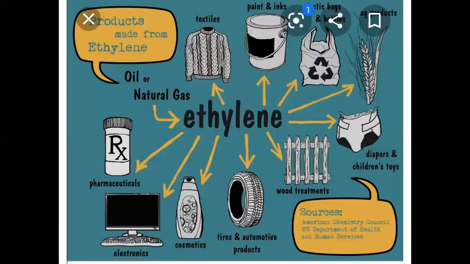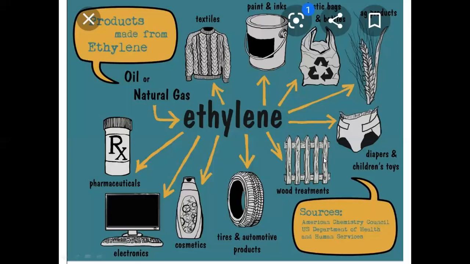You can see in this image the products which are made up of ethylene. Ethylene, I told you, is a carbon-carbon double bond compound, which is also called ethene. Ethene or ethylene is used to make cosmetics, to produce synthetic rubber, and we can also use it in pharmaceutical industries, in making electronics, textile products, even paints, and as I told you, the polythene bags, diapers, children's toys, agricultural products.